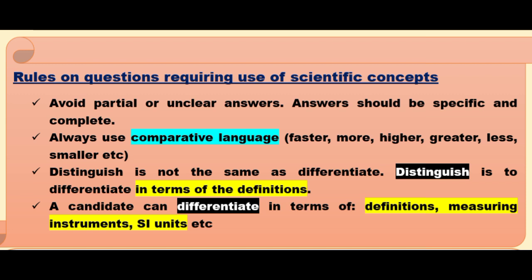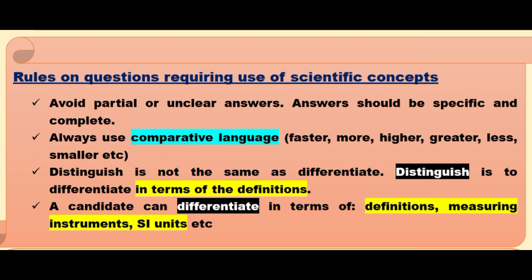Use comparative language, very, very important. It's important to note that in physics, comparative language is very, very essential and very, very key. For example, you can say faster, more, higher, greater, less, smaller.